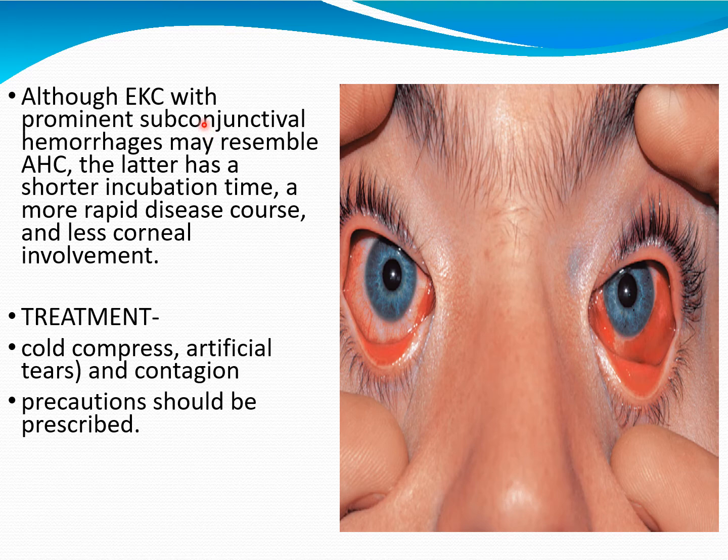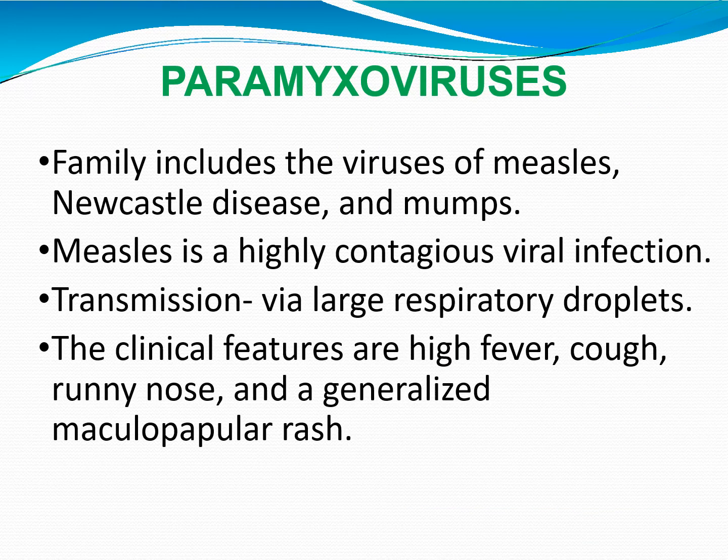Although EKC, that is epidemic keratoconjunctivitis, with prominent subconjunctival hemorrhages may resemble acute hemorrhagic conjunctivitis, the latter has a shorter incubation time, a more rapid disease course, and less corneal involvement. The treatment usually given is cold compresses, and precautions against coming in contact with susceptible people should be prescribed.